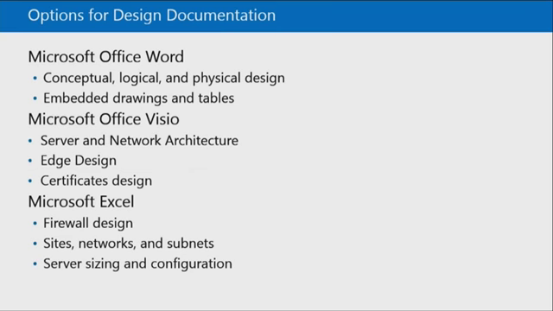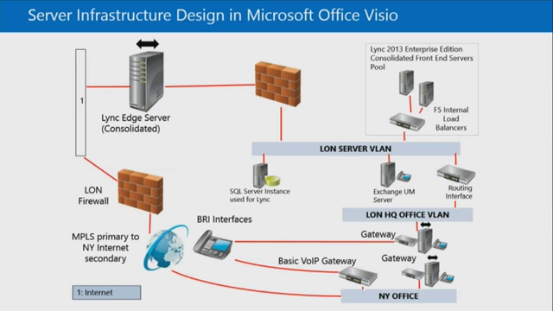So yeah, conceptual and physical designs, embedding those Visio drawings into your Word document so that people don't have to go find a separate document. When you need to run your server and network infrastructure, maybe it should look like this.